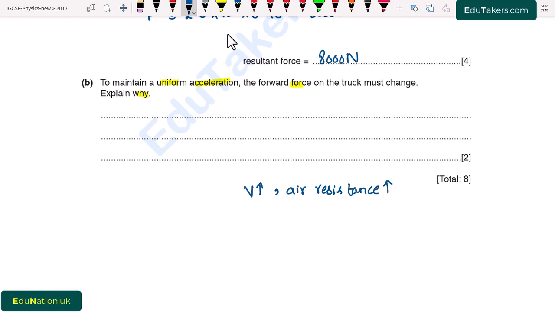And as the air resistance increases, the truck slows down. So the forward force must be increased in order to maintain the uniform acceleration.